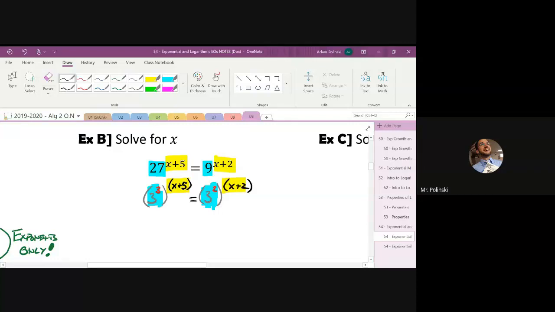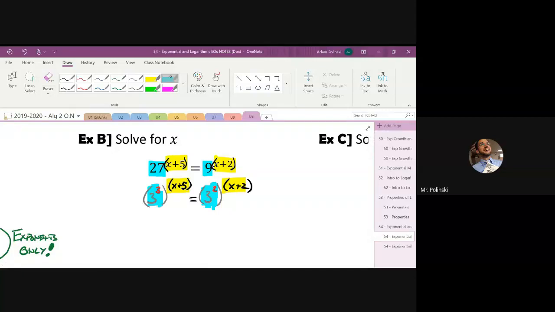So initially I wrote 27 as 3 cubed. Now all of that's being raised to the x plus 5. Now here I put my x plus 5 in parentheses because I don't want to miss out on any distributive property that may in fact occur. And then the same thing on the other side. I'm going to have 3 squared now for 9 raised to the x plus 2.